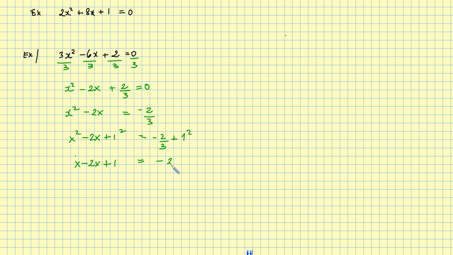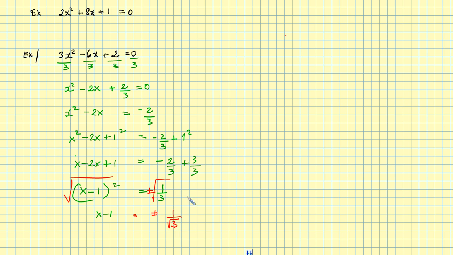negative 2/3 plus 3/3, so that I get x minus 1 all squared is equal to 1/3, and therefore now taking the square root of both sides, I get x minus 1 is equal to the positive or negative of 1 over root 3, because the square root of 1 is just 1, and root 3 is root 3.